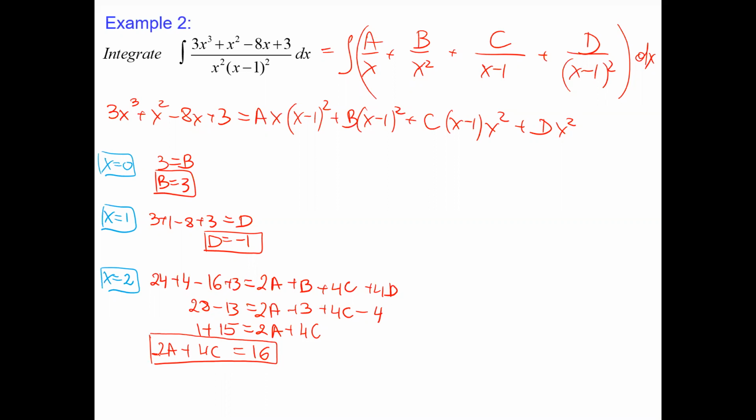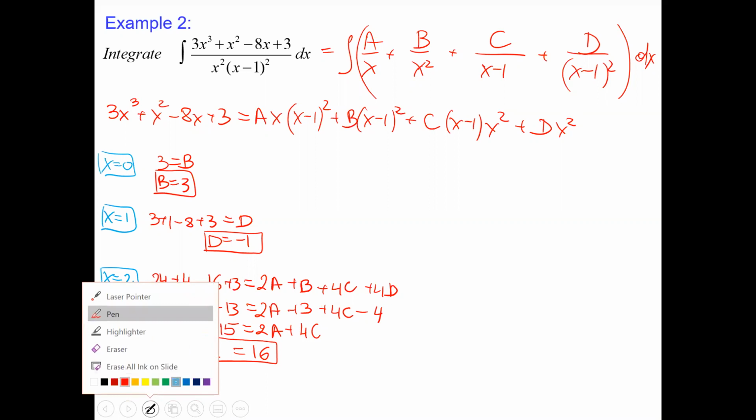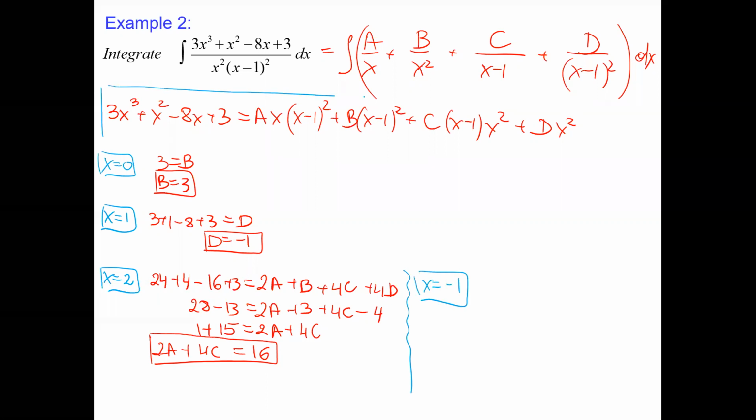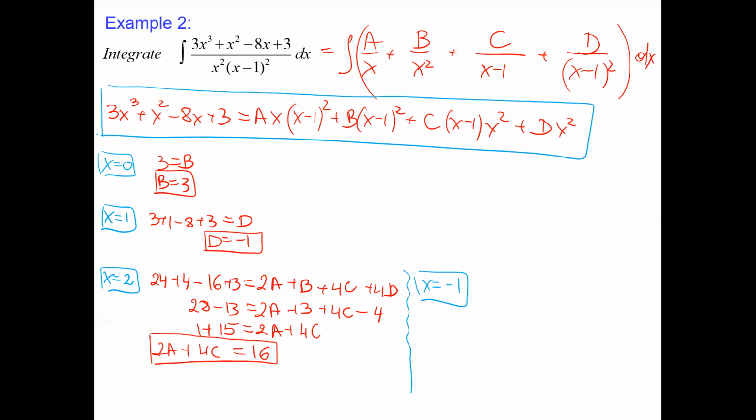That's a system of 2 equations. We need another one, and then we will get a and c. Okay, let's do it on the side. I will put negative 1 and substitute here. Negative 1 will give me negative 1, negative 3. Negative 1 squared is 1. Negative 8 times negative 1 is positive 8, and plus 3.